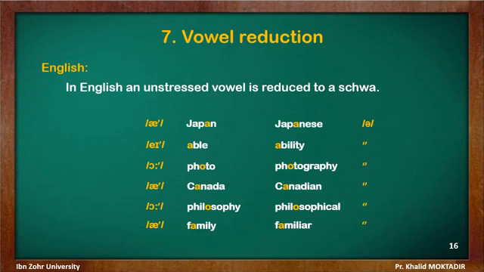And notice the vowel o in philosophy, how it becomes a schwa when the stress moves to another vowel, in philosophical. Now the vowel a in family, when the stress shifts to the next vowel, the a becomes the schwa, in familiar.